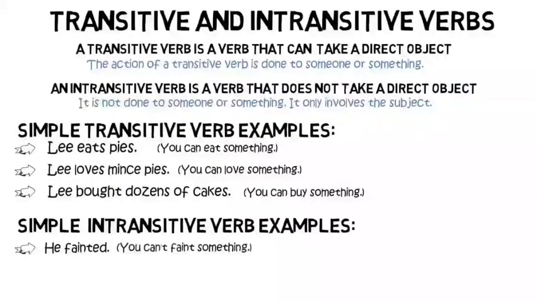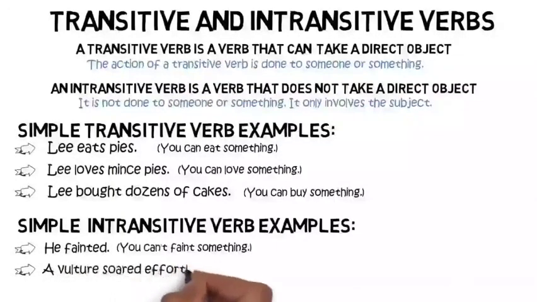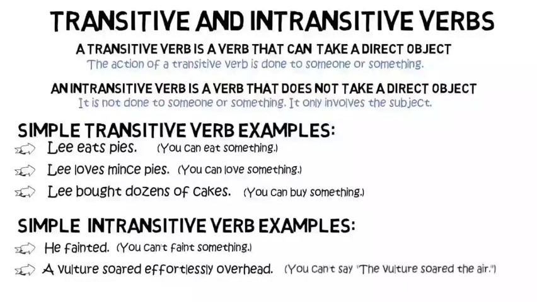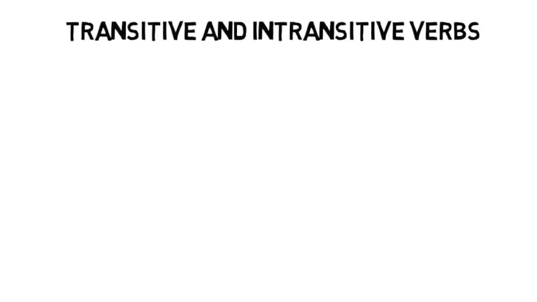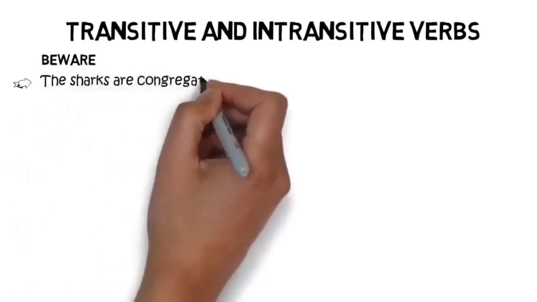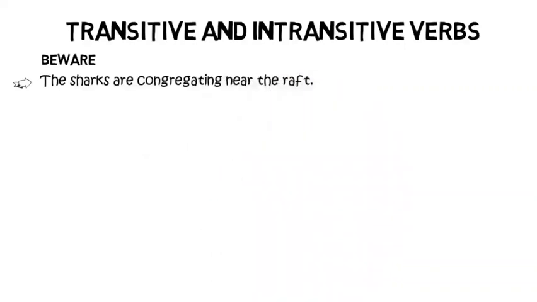And the next one, he fainted. In he fainted, an object is not available. A vulture soared effortlessly overhead. So there is no object. So we need objects. What are objects? Objects may be a noun or pronoun.